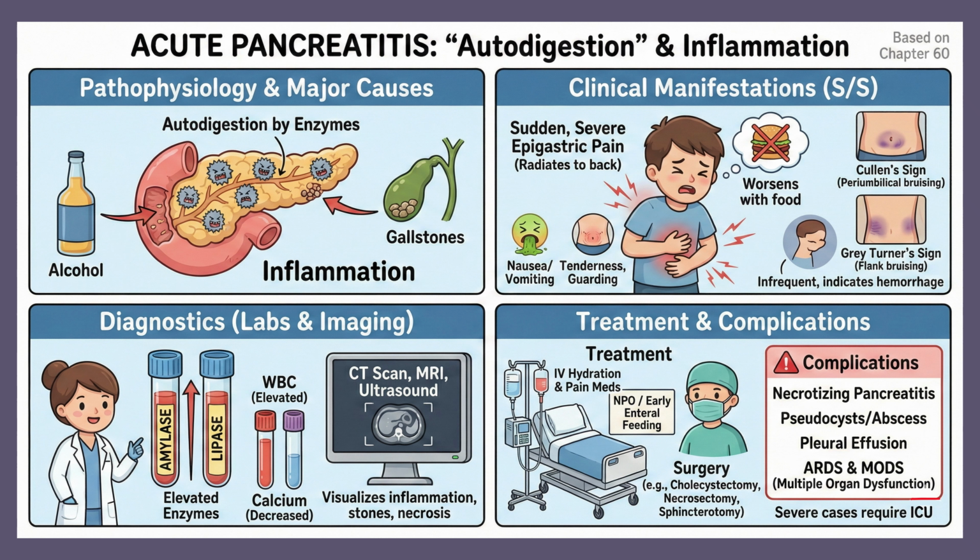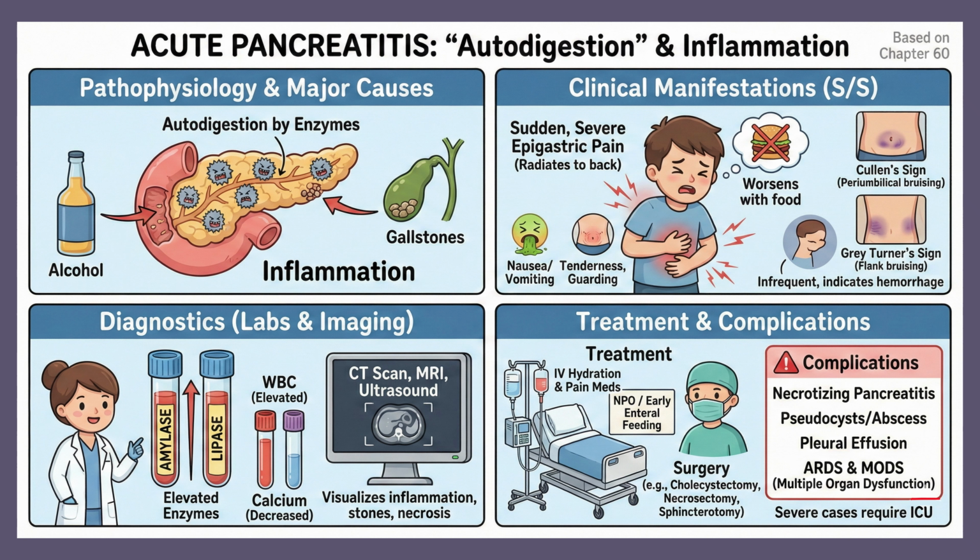Aggressive intravenous fluid resuscitation with crystalloids like normal saline or lactated Ringer at high rates, 200 to 300 mL per hour, is crucial to maintain intravascular volume, with close monitoring for fluid overload and pulmonary edema.